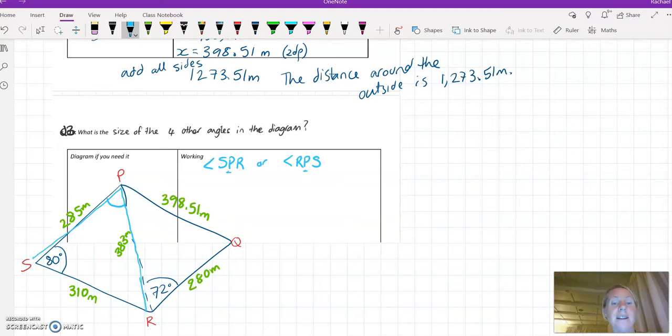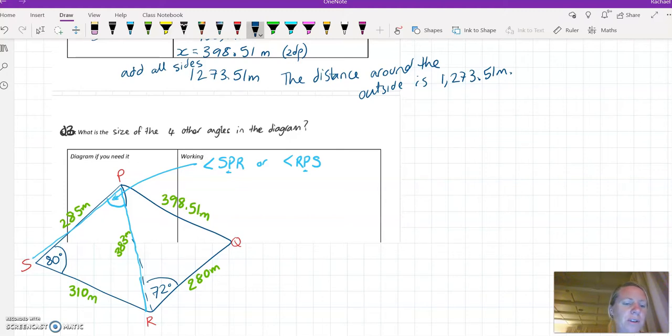So it tells us the angle is at P, and that it's between S and R, those 2 lengths, because P could also be between Q and R. That would be a completely different angle. All right, so we'll do this wee guy first. Angle SPR. What can we do with him?